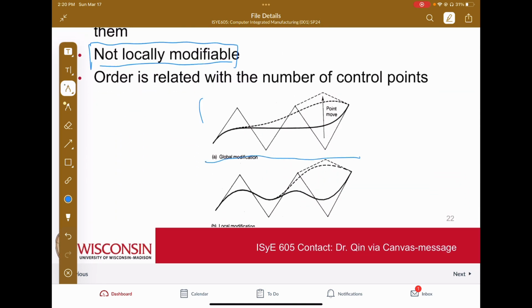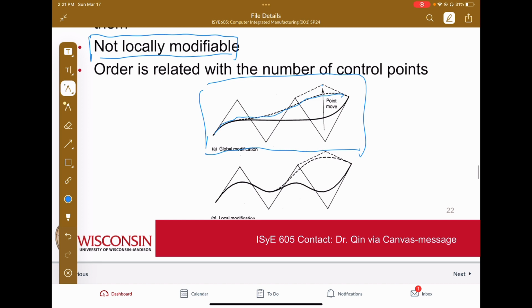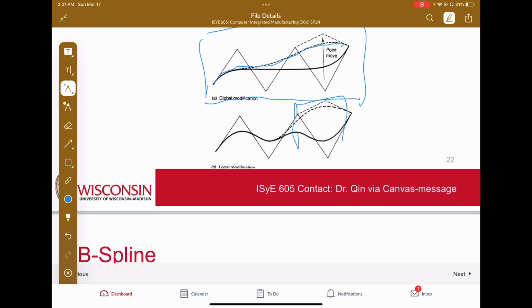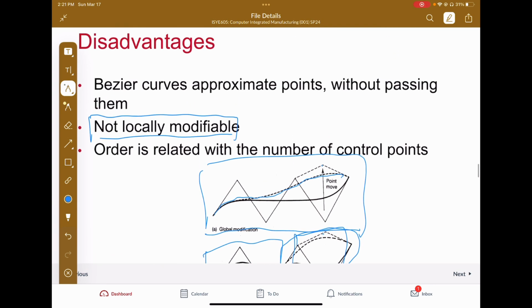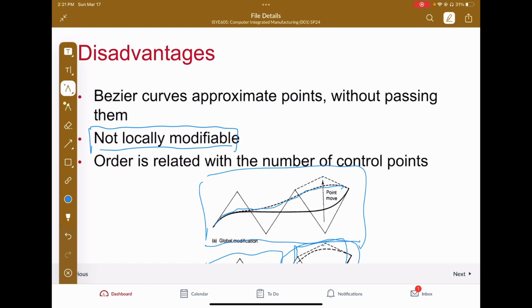This is a global modification: you change one point and the whole curve changes. It's not like local modification, where we change one point, the first parts stay the same, and only the local curve changes. For this Bezier, because of the way we build it, the structure of the expression of this curve, we cannot locally modify it.